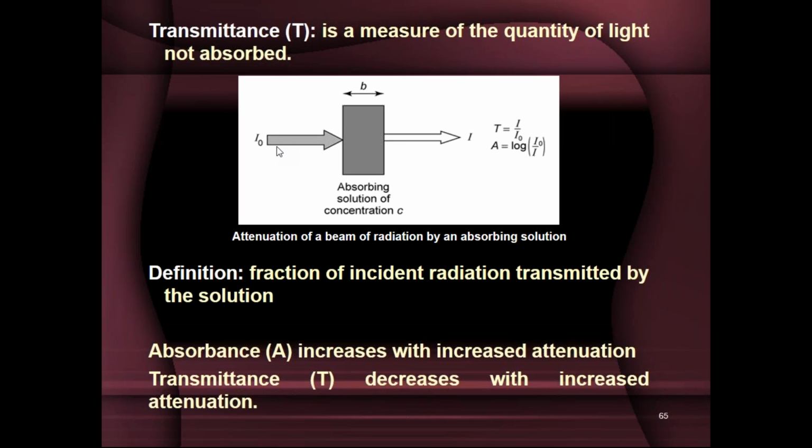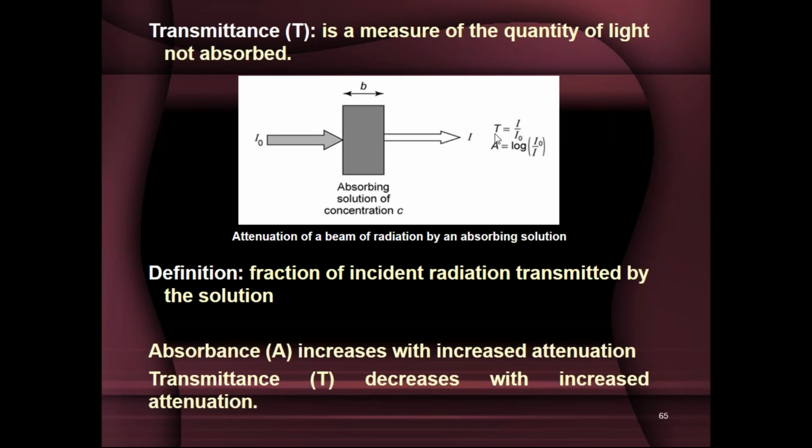So transmitted radiation becomes less in intensity if there is some absorption taking place in the solution. So it's a measure of the quantity of radiation that is not absorbed. What is absorbed is removed and the remainder is transmitted.